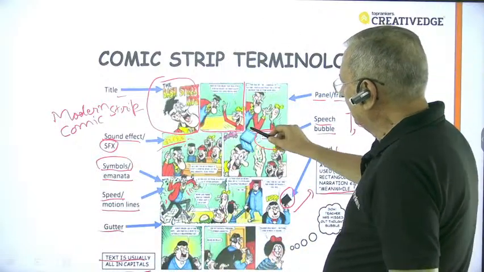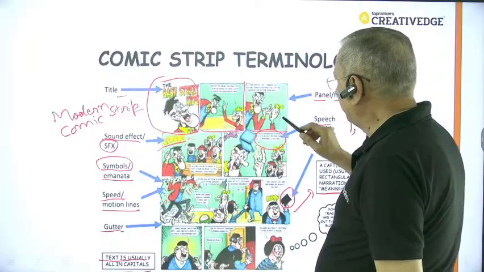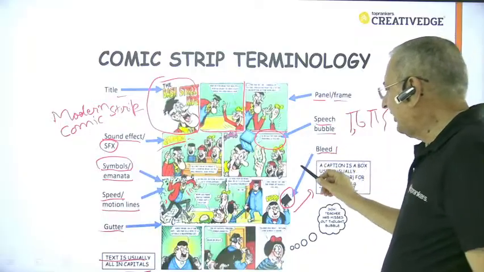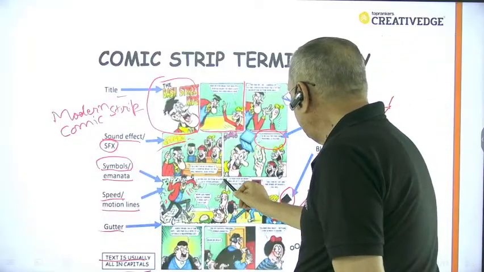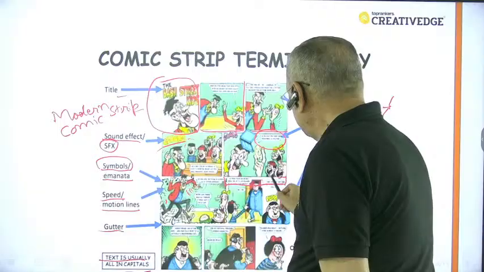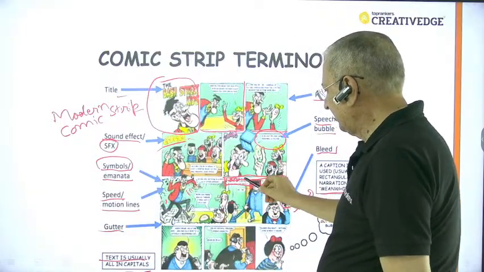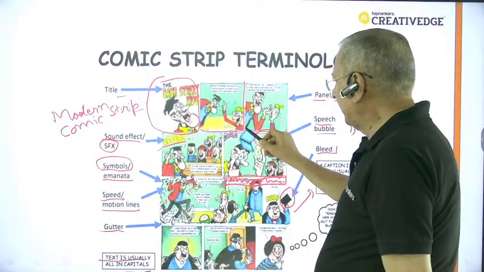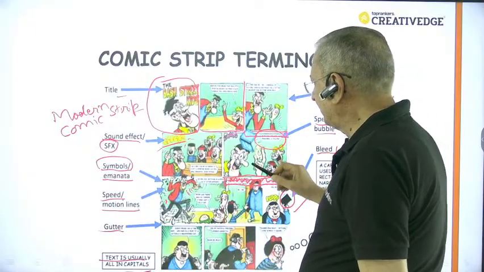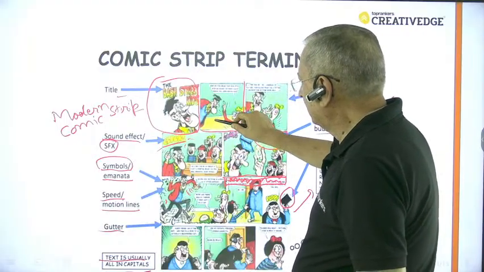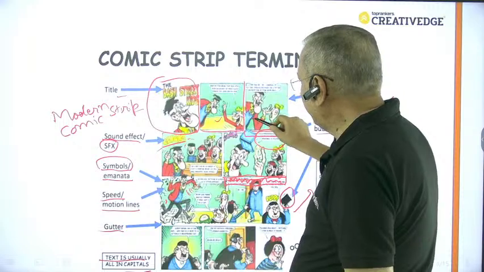One more thing, why it is different from storytelling. There are so many things added up. In storytelling, usually the narration is not within the picture. The narration is somewhere rectangularly placed, and it is all in equal boxes.